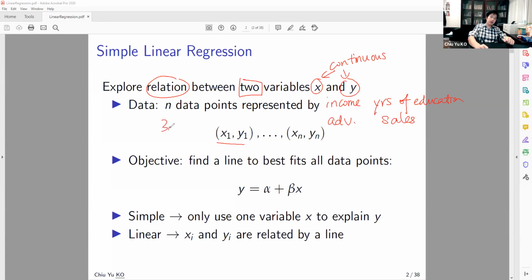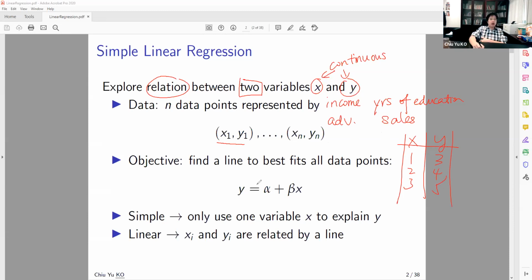So 3, 4 is different from 4, 3, because the order matters, because they represent variables this way. In Excel, you will have a spreadsheet with X and Y, 1, 2, 3, 3, 4, 5, usually in column form or row form, but column form is pretty easy.